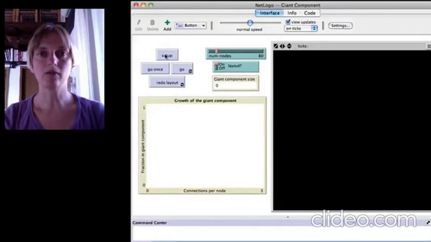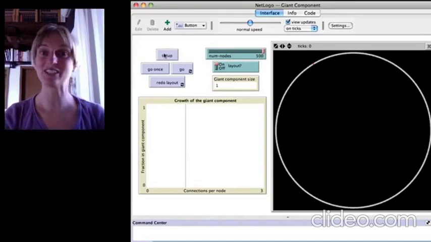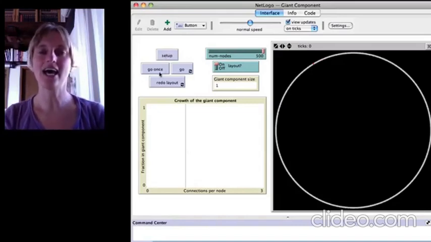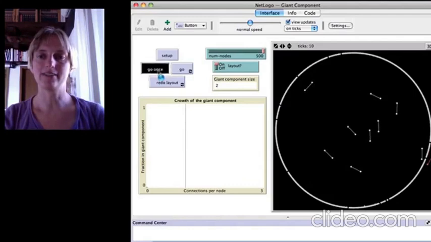In this model, when you click Setup, it's just going to start with a number of nodes. So here I've selected 80. Maybe we should up that to 500. Yes, that's a nice number. So we're going to the max. And if you just click on Go Once, you'll be adding edges one by one, and this can take quite a while.